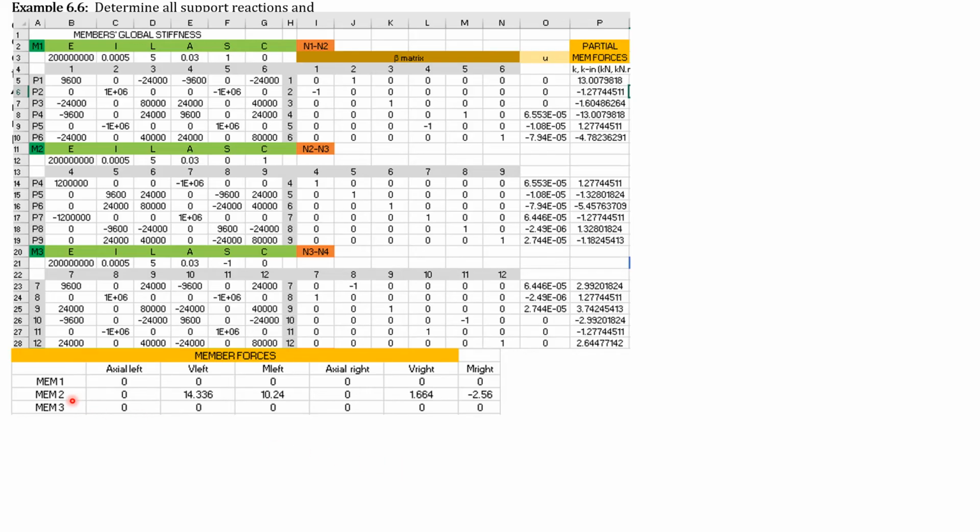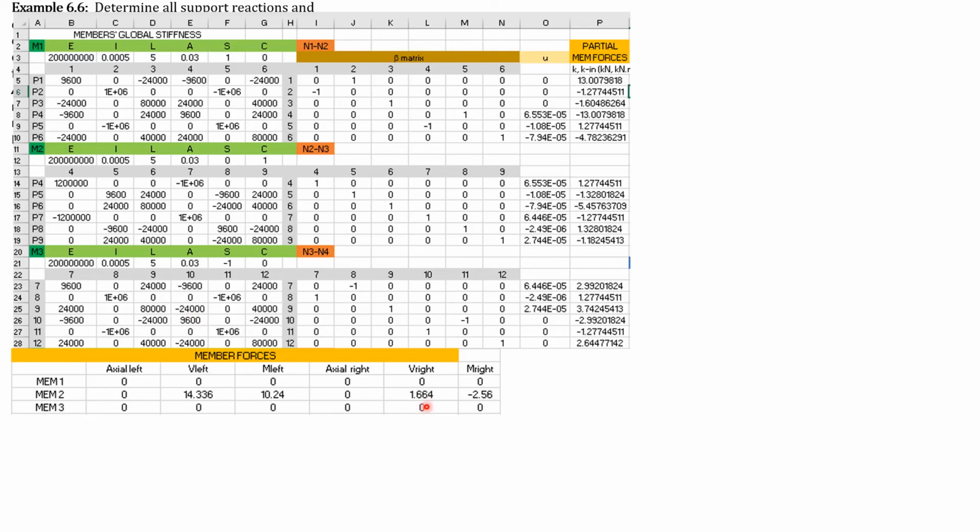This will be the fixed forces, remember. So moment left for member 2 is 10.24. Moment right is negative 2.56. Then the shear or the fixed forces upward are 14.336.